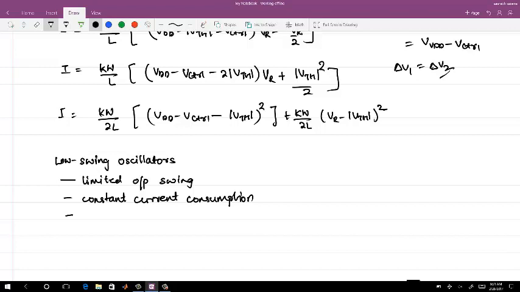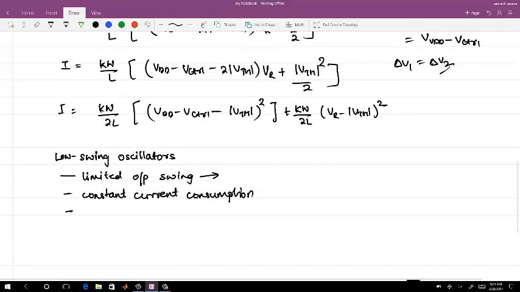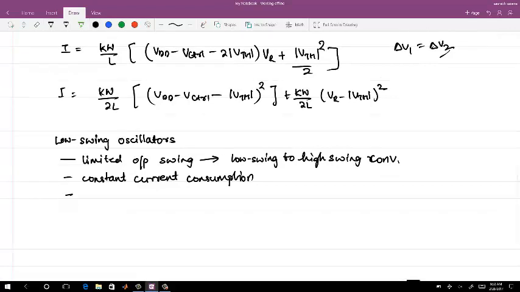The limited output swing means that in order to get a full swing clock, you need a low swing to high swing conversion. It has a constant current consumption, so actually the current sources are always on, so you have a poor phase noise.